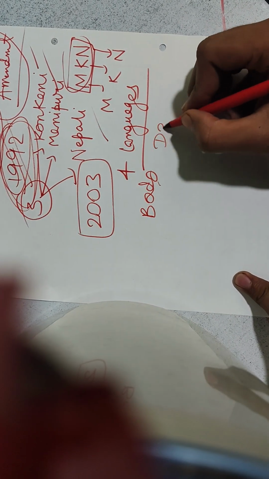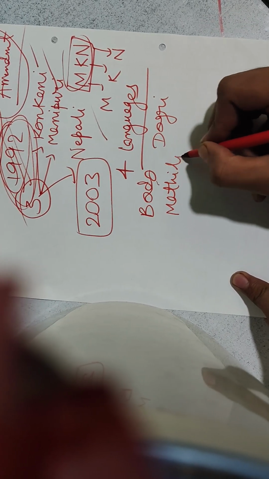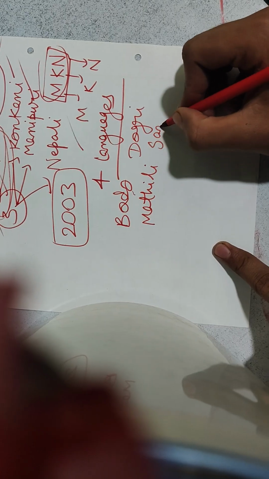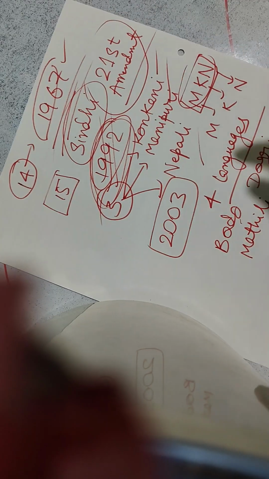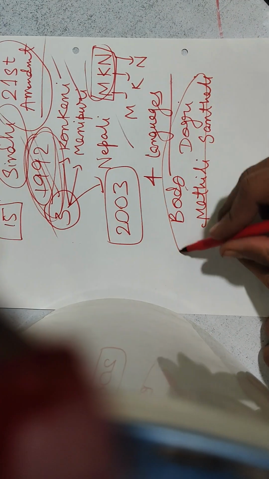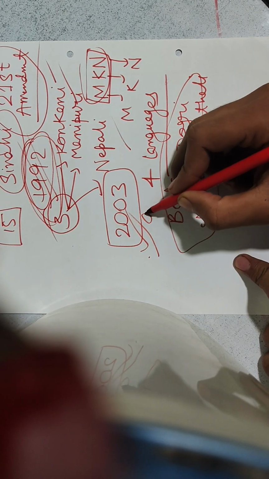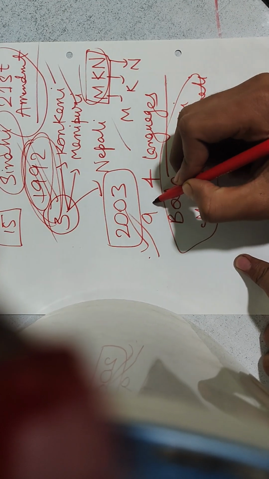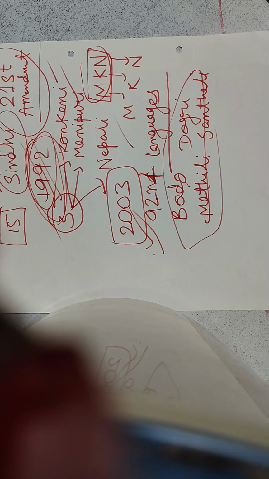Bodo, Dogri, Maithili, and Santhali. I'll make it concise, I'm just explaining to you. I'll write all those things here. So these are the 4 languages added in the year 2003 by the 92nd Amendment Act of 2003.